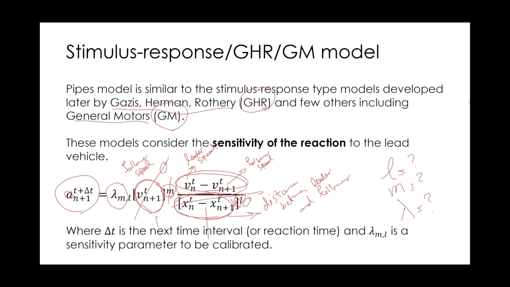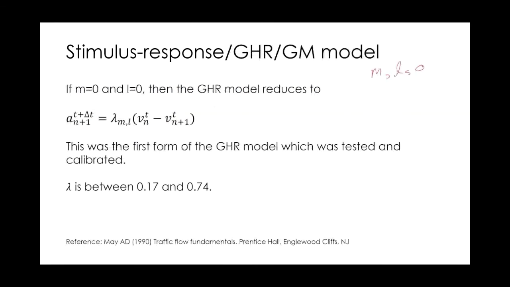So what I end up with is a simple formula: lambda multiplied by Vn minus Vn plus 1, right? So if m and L are equal to 0, that stimulus response general formula reduces to this simple equation, where the acceleration of the follower is equal to lambda multiplied by the difference between the speed of the follower and the leader. And that is called the GHR model, right?